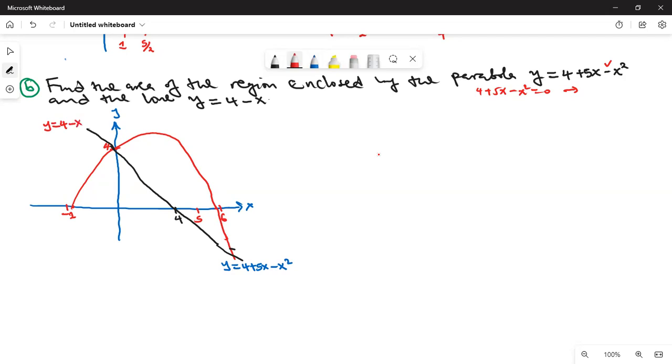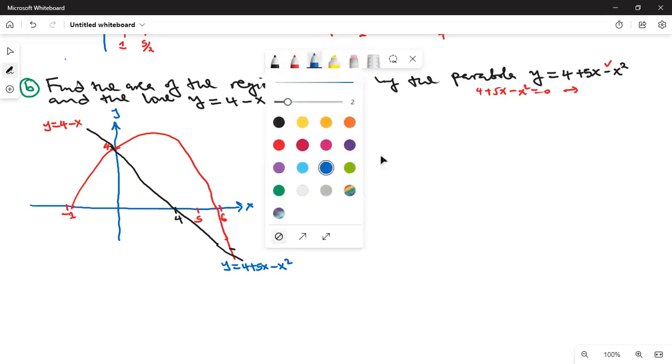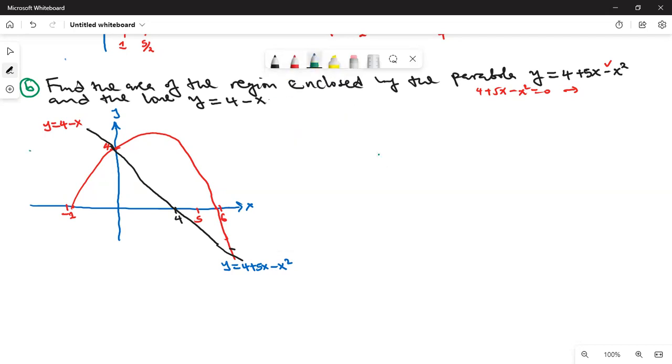So where is the region between those two curves? They shade that region. It is all of this. That is our region R.